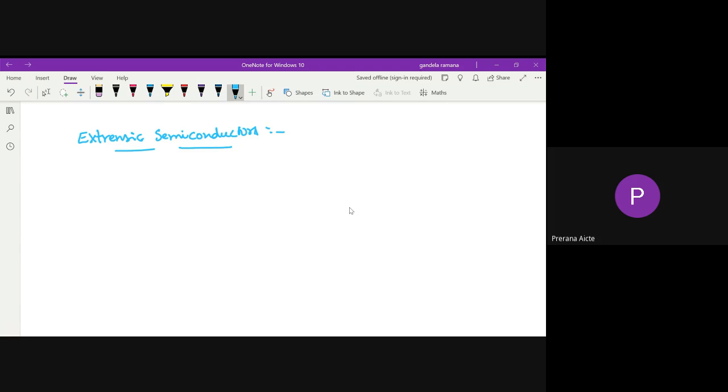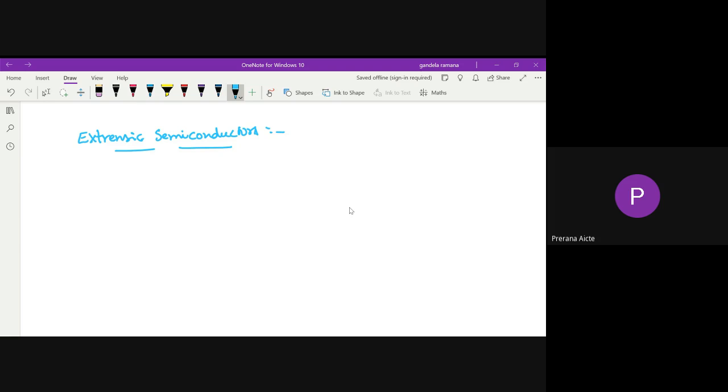Germanium and silicon are pure semiconductors, and their conductivity is practically not sufficient. To increase the conductivity, we add some impurities to the material. That is called doping concentration. Then it is called an extrinsic semiconductor.